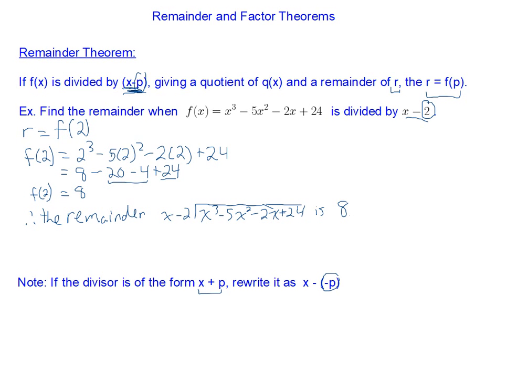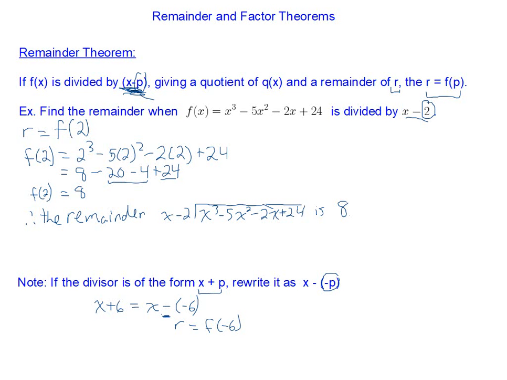So if we were trying to divide this same function by x plus 6, then we could rewrite this as x minus negative 6, and then the remainder would be f at negative 6. So the sign here does matter, so just pay attention to that. It does need to be written in this form x minus p. That's why we rewrote that as a minus sign.